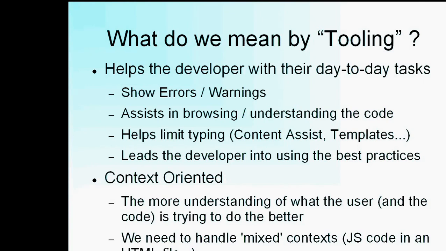Basically, these are all things that one way or the other help you get your job done without getting in the way. The best tooling is tooling that really understands what you're trying to do and leverages what you're trying to do to help you get there. So it prunes out things that you don't need in favor of things that you need at the moment.